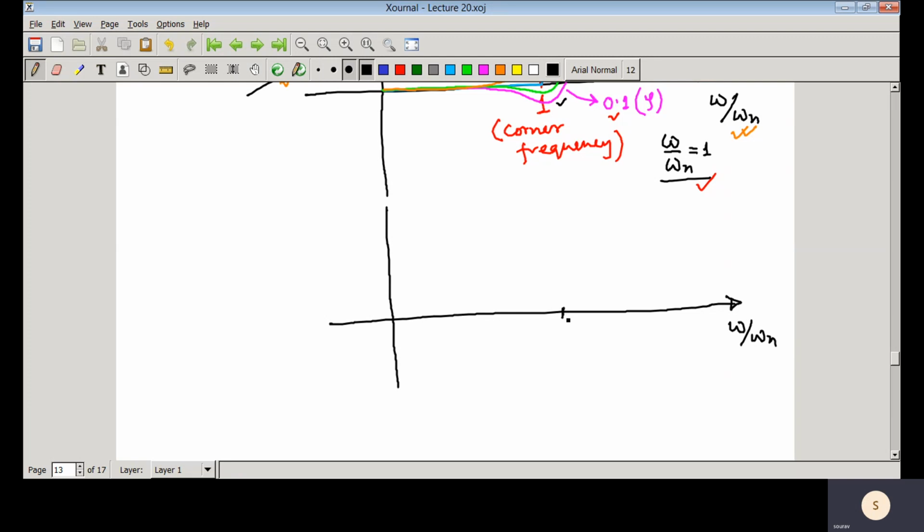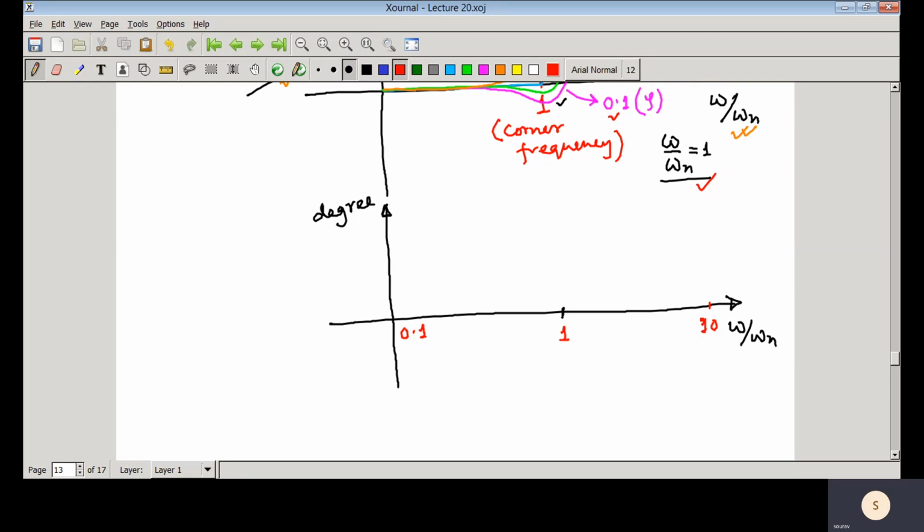And here that corner frequency is 1 because it is in the scaling form, and here the phase is in degree. So now, 1 decade below this, we take say 0.1, and 1 decade above, say 10.